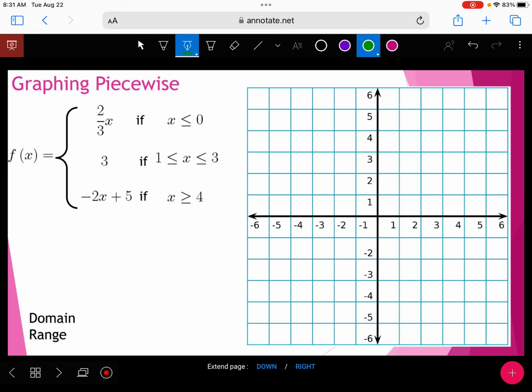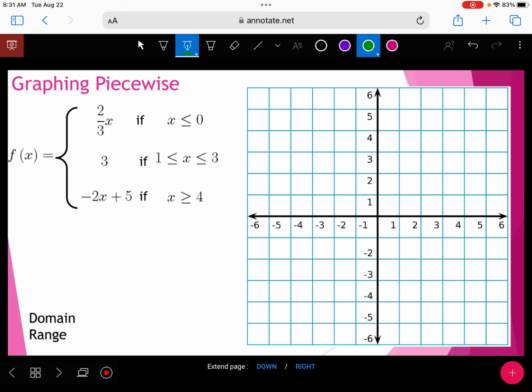What's up? Yes. Give me a second to write them. Why does that piece do it? Because my x's have to be less than or equal to 0. So smaller than 0. Okay. Cool, cool. I'll give you a second.